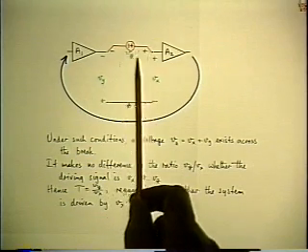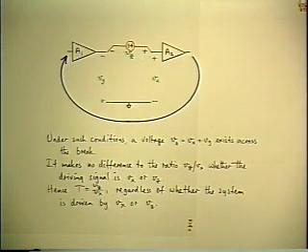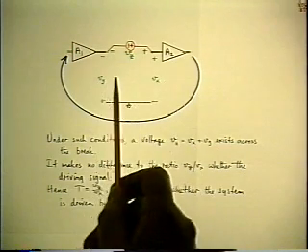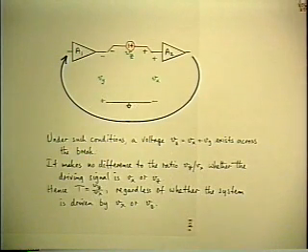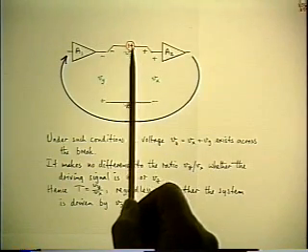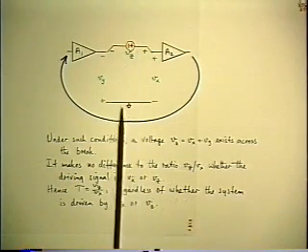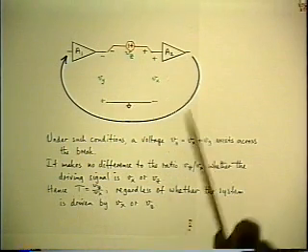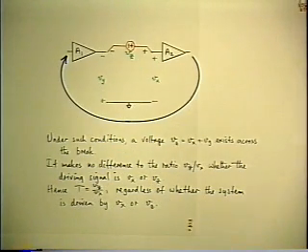Because now the independent test signal is Vz, and you can set that generator to whatever level you like, as long as you stay within dynamic range. But both Vx and Vy are dependent quantities now that have to satisfy simultaneously two conditions. One is that the sum of the two of them equals what you apply. The other condition is that the ratio of them equals T, which is fixed by the properties of the system.